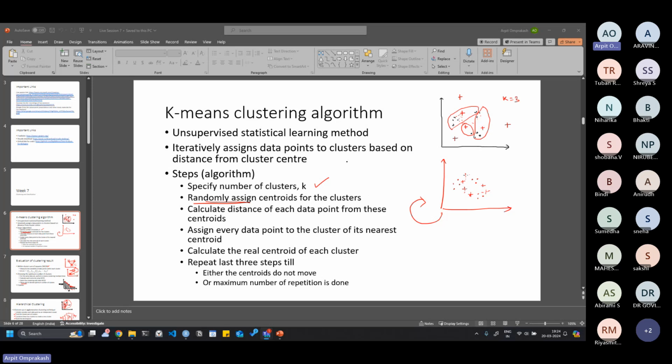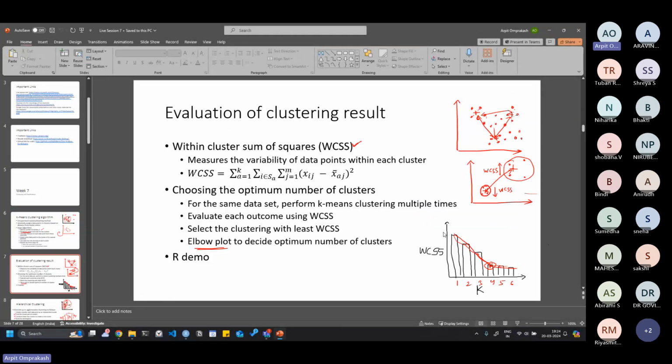Then, after we have assigned data to different clusters, we again calculate the centroid of the data. So the centroid will now shift to somewhere else. And then, based on the new centroid, we again assign data points. This whole thing will keep repeating till our centroid is fixed or till the maximum number of repetitions we want to do is achieved. So this is k-means clustering.